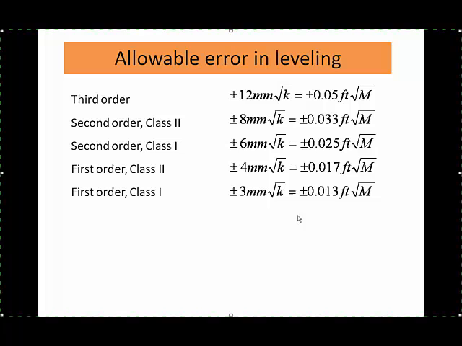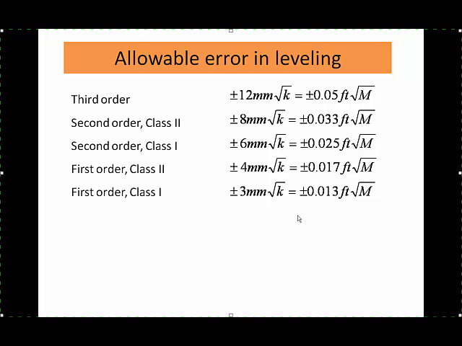You can see by the coefficients there on the remaining second and first order specifications that those are far more restrictive. To achieve first order class 1 accuracy requires a great deal more effort and not only stronger methods but higher precision equipment.